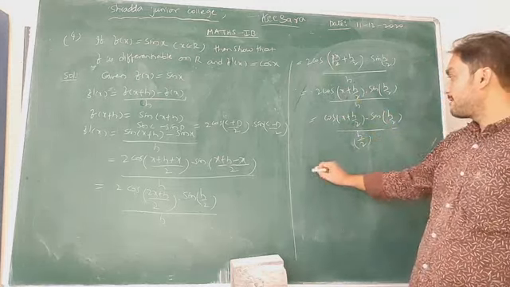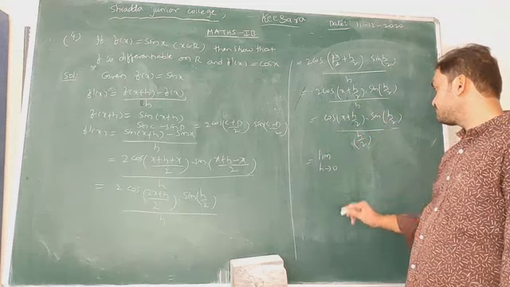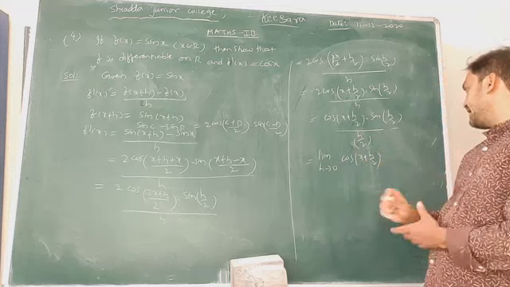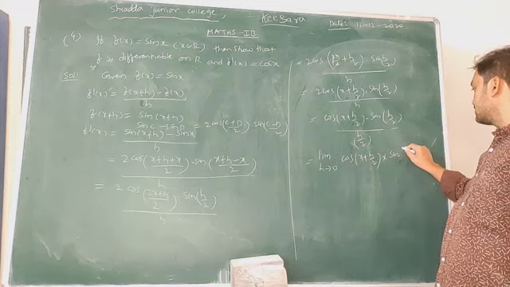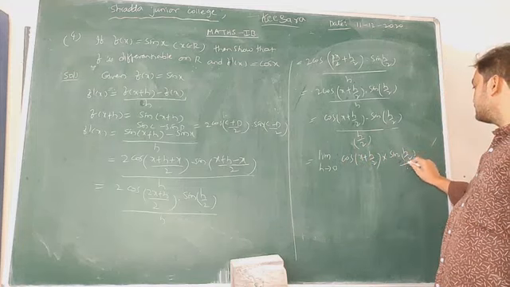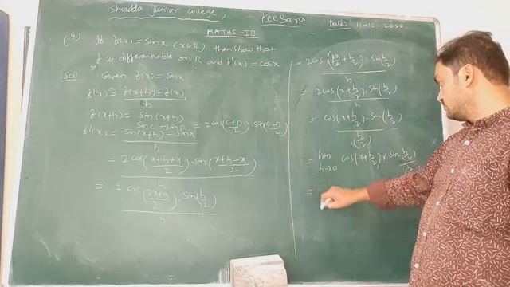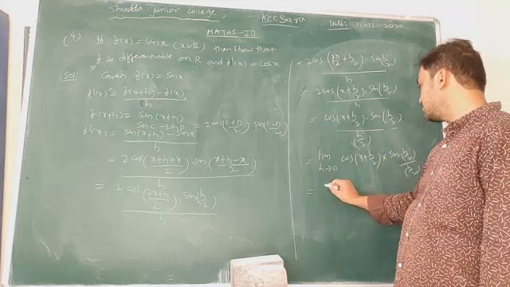Now here, what is the limit? Limit h tends to 0 of cos of x plus h by 2 into sin h by 2 by h by 2. Substitute the h value, that is 0.